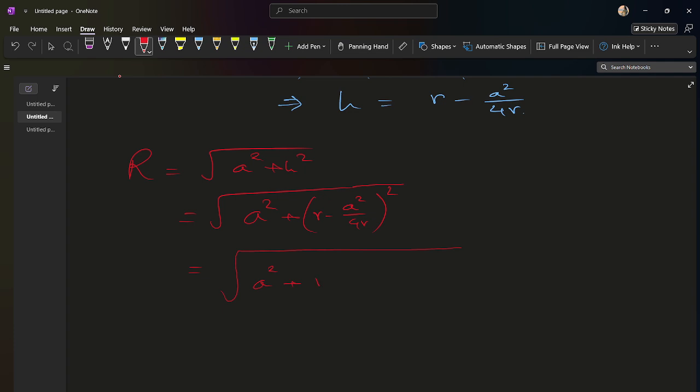A square plus r square minus 2a square by 4r plus a square by 4r whole square. After that, that will be a square plus r square minus a square by 2, plus a to the power 4 by 16r square.